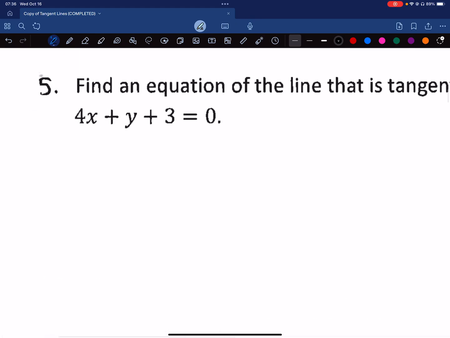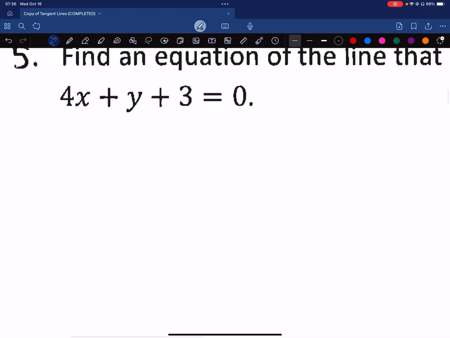So we need to know what the slope is of this equation. So we're going to take 4x and 3 and move them to the other side by subtracting. So when we do that, we get negative 4x minus 3. So we want the slope. So the slope of this line is a negative 4.